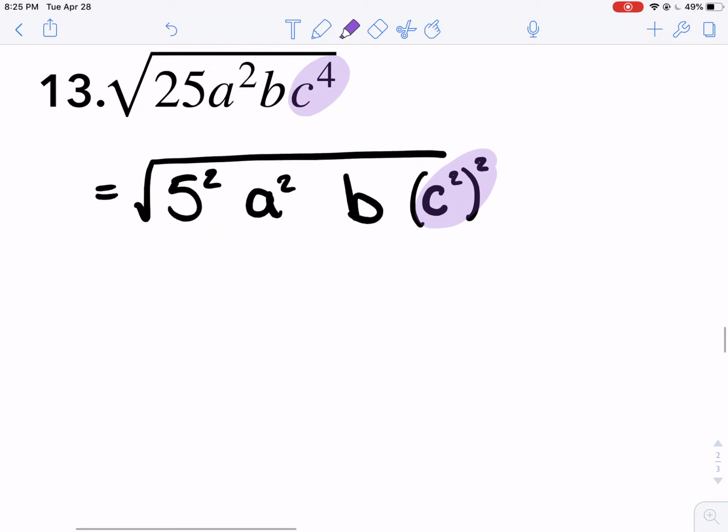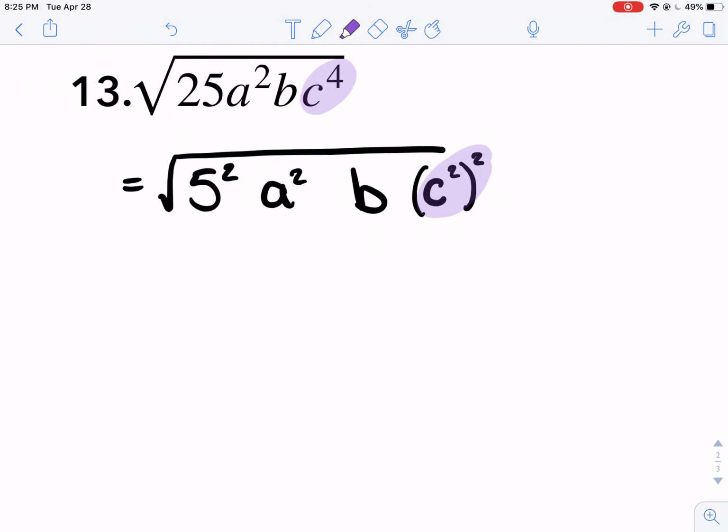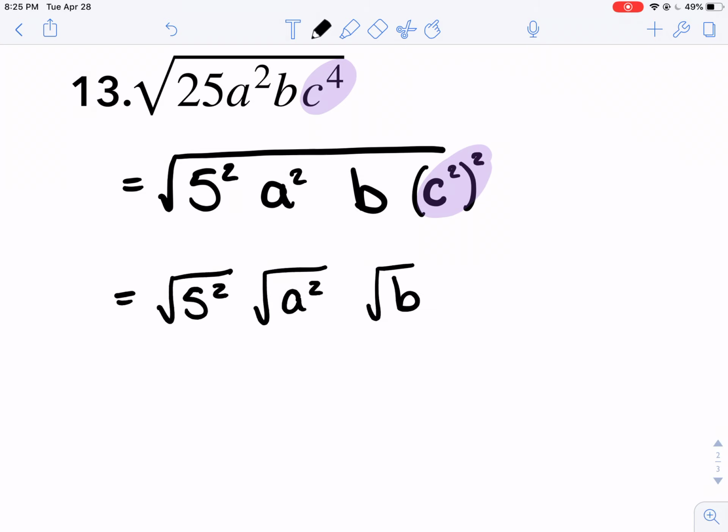Great. Now that we have several things that are written as squares, we can take their square roots separately. So that's equal to the square root of 5 squared times the square root of a squared times the square root of b times the square root of c squared squared.